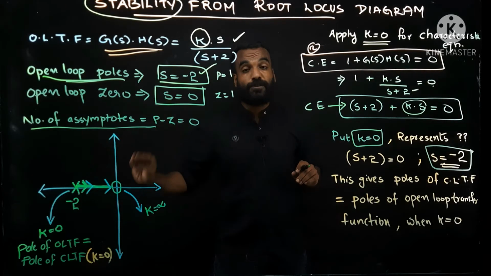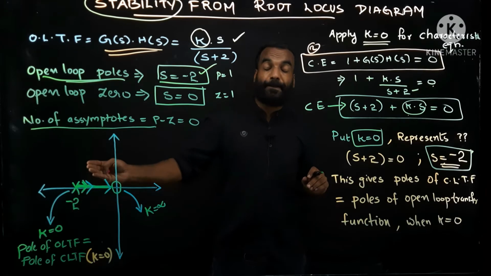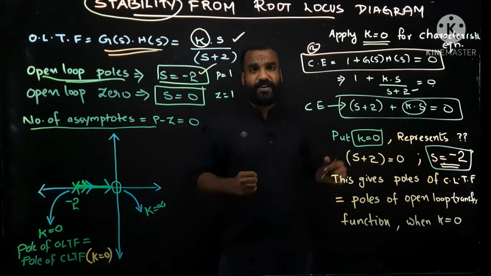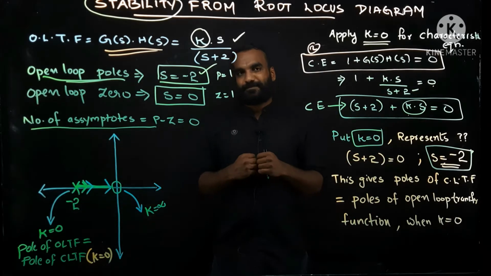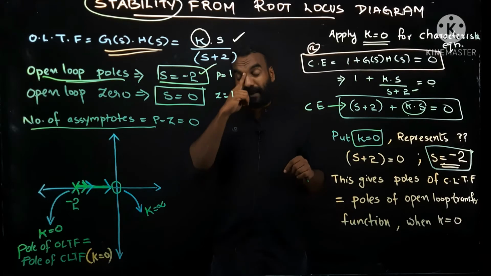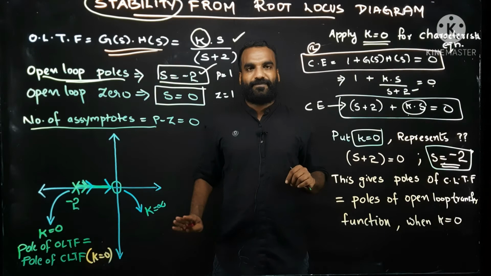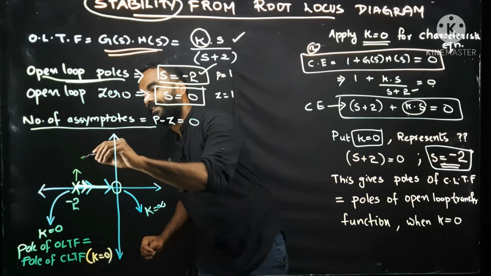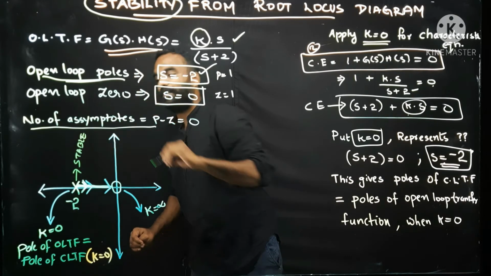It is not simply a pole of the open loop transfer function, but while doing this derivation and putting k is equal to 0, it represents the pole of the open loop transfer function. So that pole is at the left side. So when k is equal to 0, this pole is at the left side and it is stable.